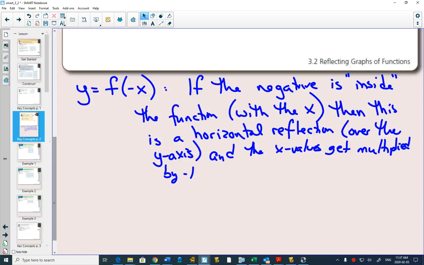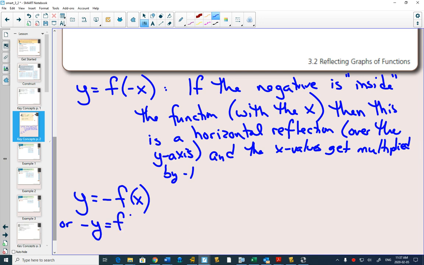If we have y equals -f of x, can you see that if you multiplied both sides, some textbooks will write it like this: -y equals f of x. Now, we are always going to do the first way where we like to have the y by itself.